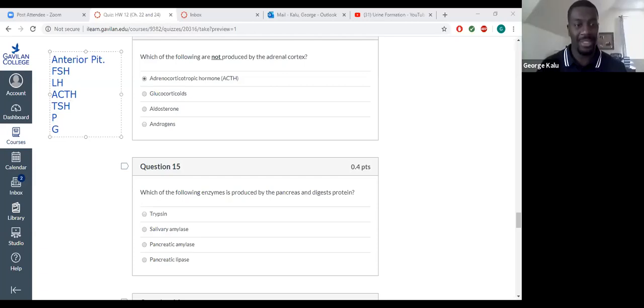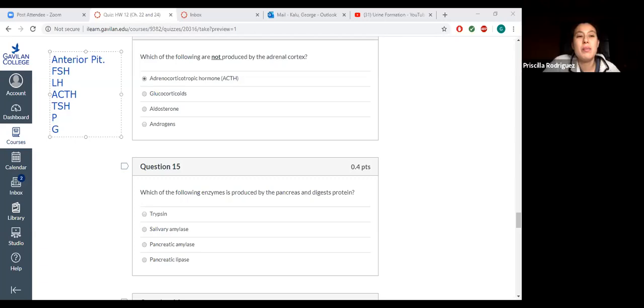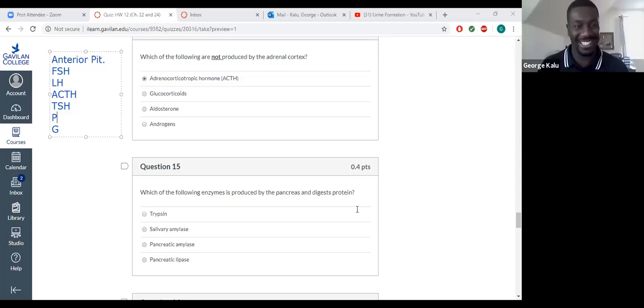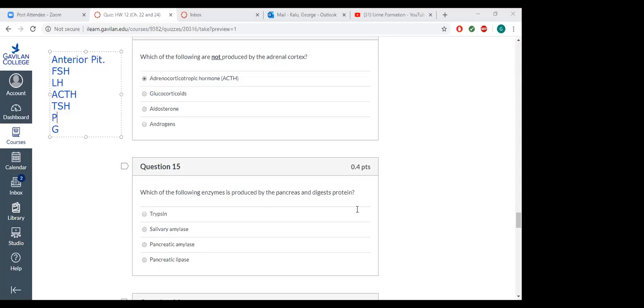Cool. And we have our P, which is? Any help out there for the P? Can anyone think of it? PRL, I think. Anyone remember what that is? Is it prolactin?